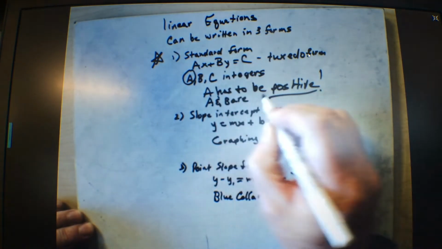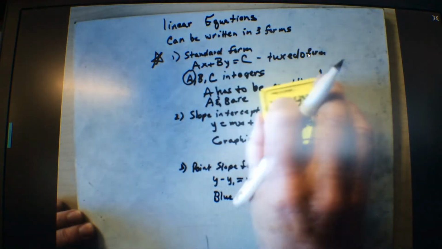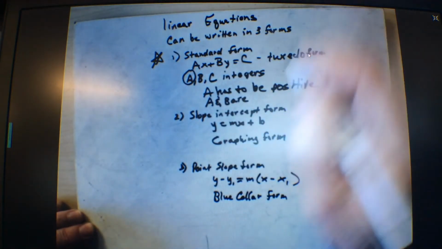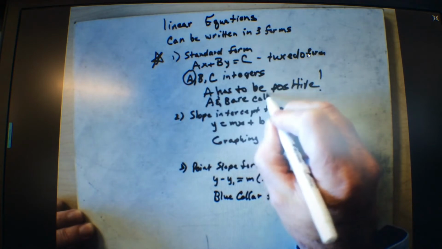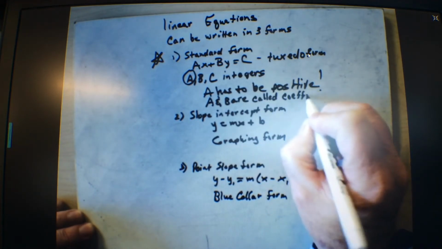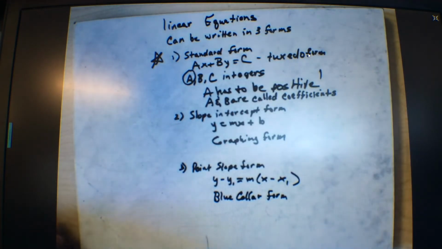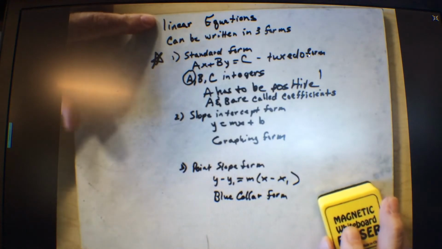so A and B are called, watch this word, coefficients. They are numbers. They are called coefficients. I didn't leave myself enough room. Can I erase the slope-intercept and the point slope? So we're not talking about them today.